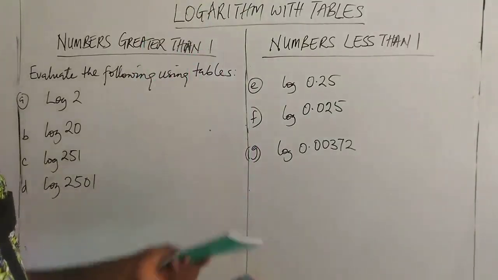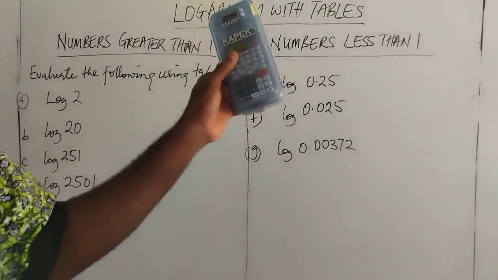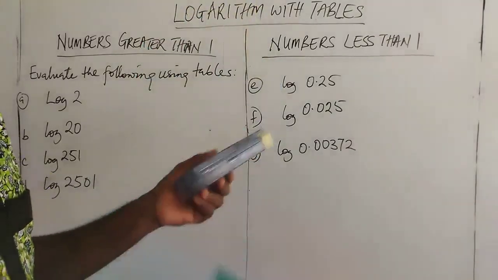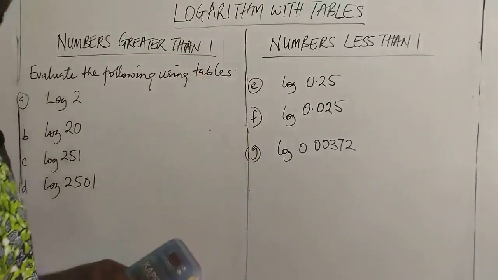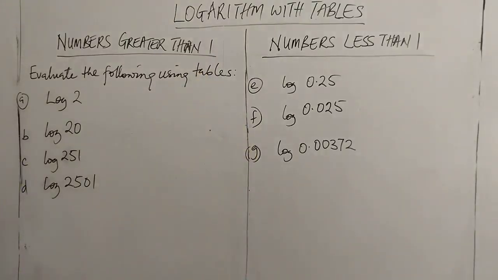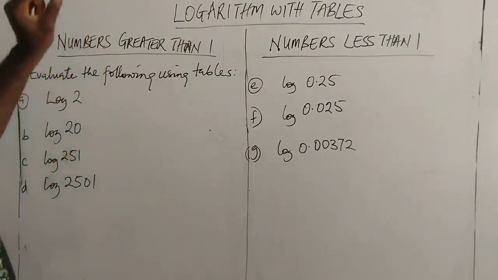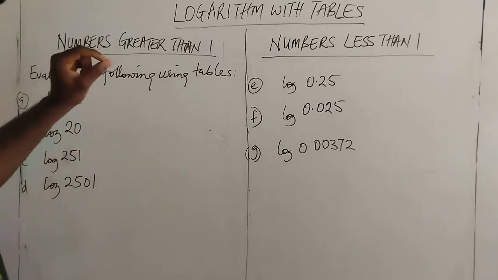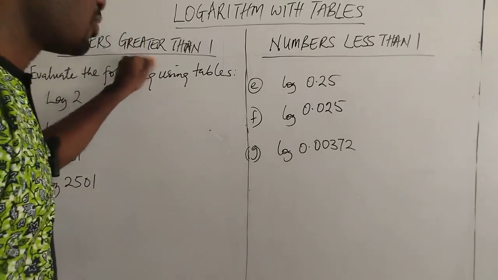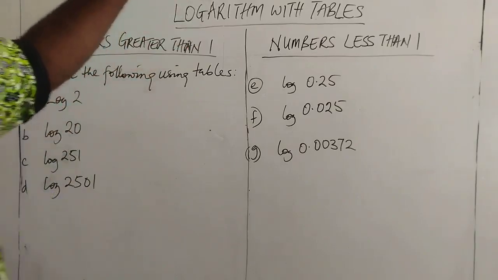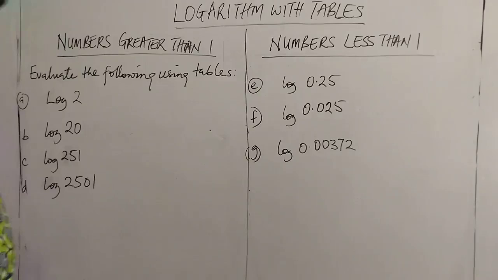Any of them is okay. And if you can lay your hand on a scientific calculator, that will also do the same job. Now, I want you to pay attention while I explain how we find logarithm of numbers that are greater or equal to 1 and numbers that are less than 1.